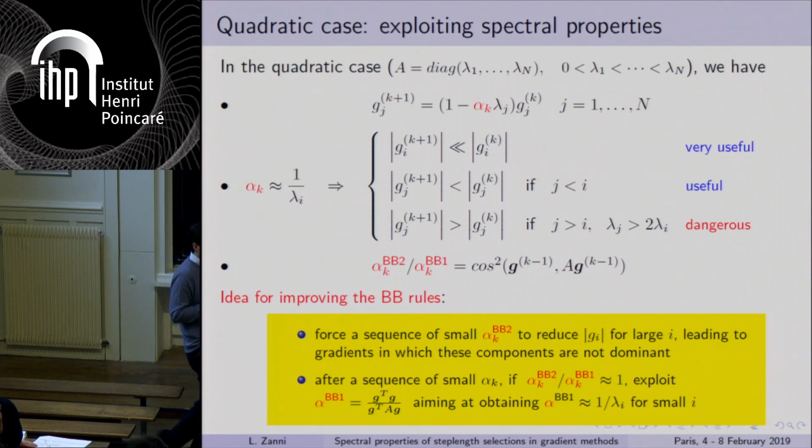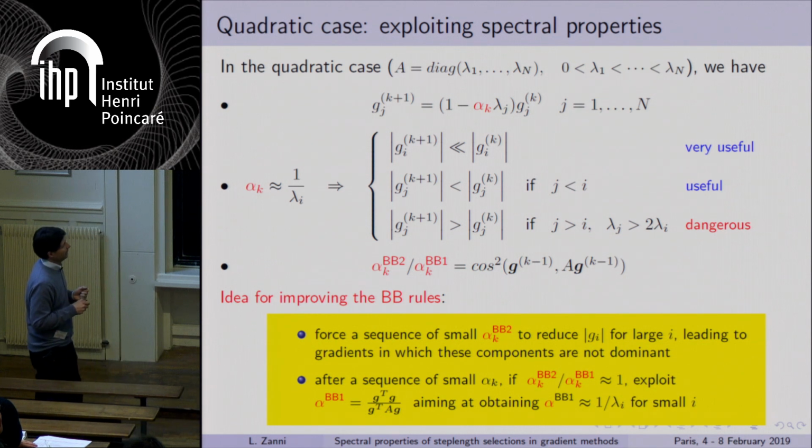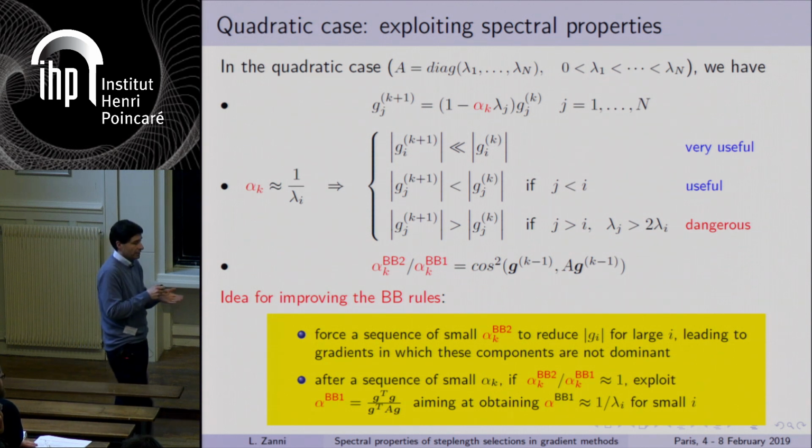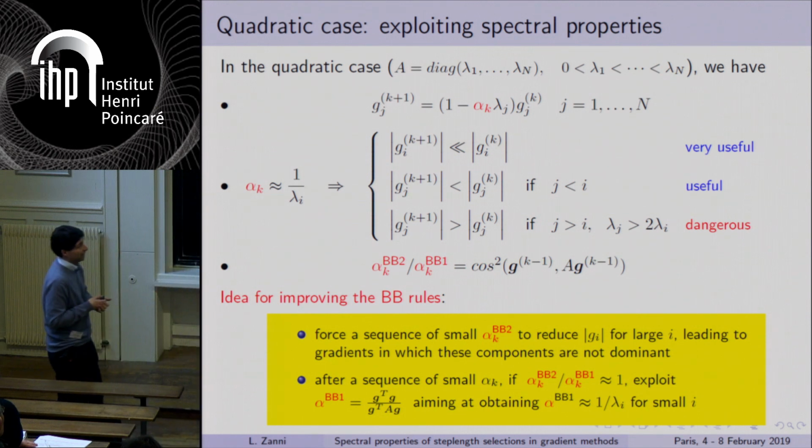The possibility to capture this last information, that is, when a step length is a good approximation of the inverse of an eigenvalue, can be obtained by observing that the ratio between the second and the first rule of Barzilai-Borwein provides information about how well the gradient is approximating an eigenvector.